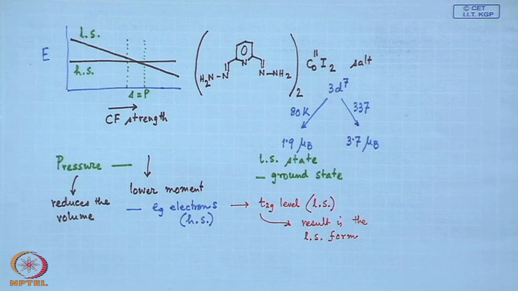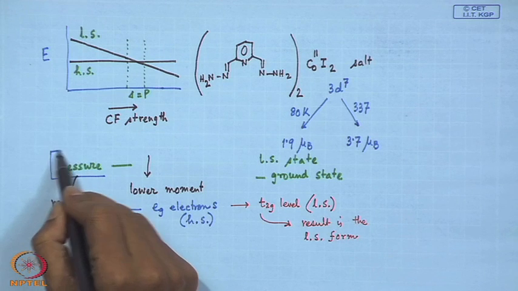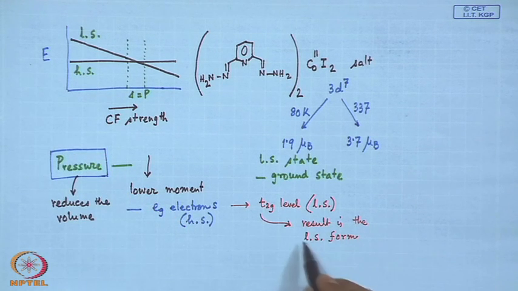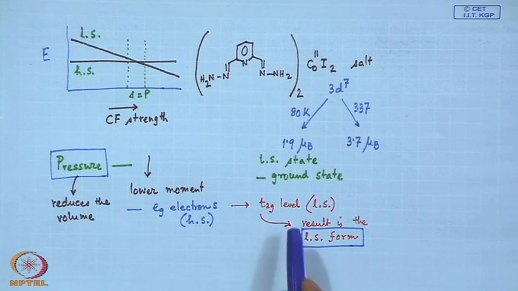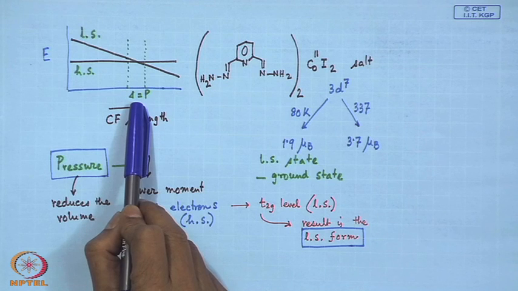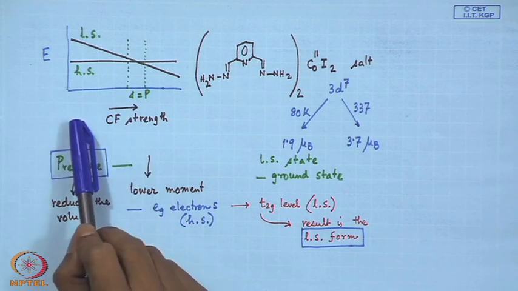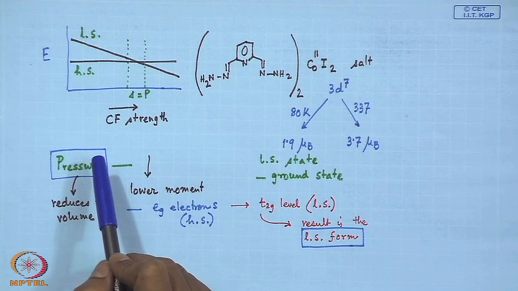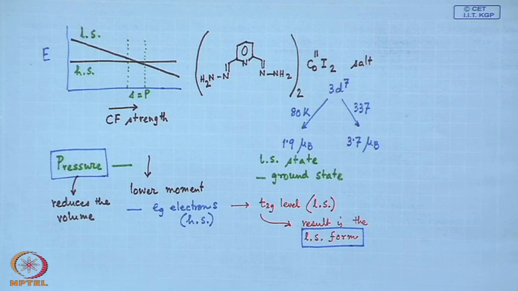So, when we exert pressure, we are also able to get the low spin form from the high spin form. In this particular case, like the temperature, the situation is close to the crossover region, and since the crossover region is susceptible to change in the magnetic moment from one direction to the other, we get the spin change as well as the magnetic moment change due to temperature as well as pressure.